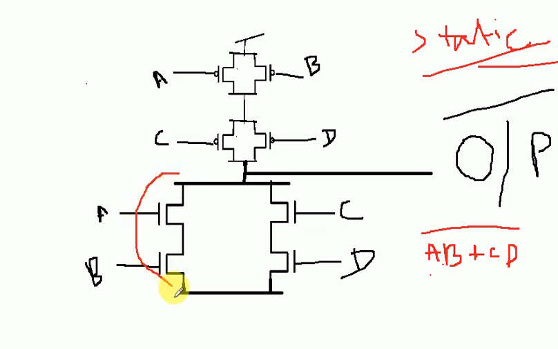Now look at this: AB are in series, so here AB are in parallel. Here also CD are in series, so here CD are in parallel. Now in NMOS, AB and CD are in parallel, so here AB and CD are in series.